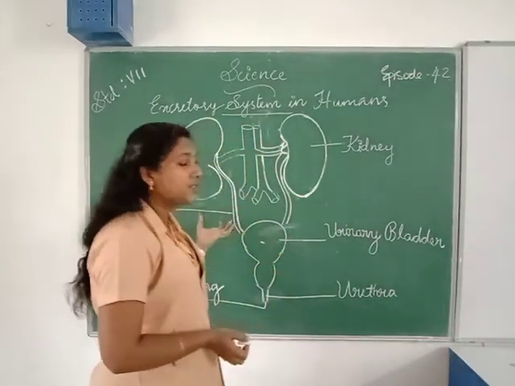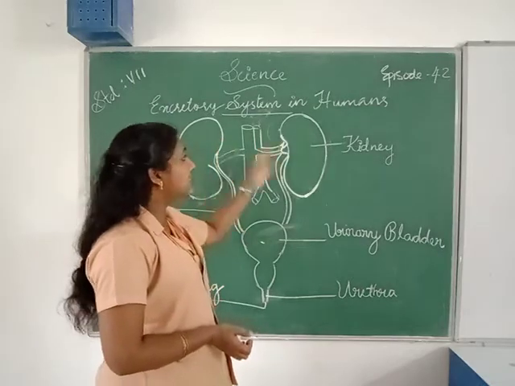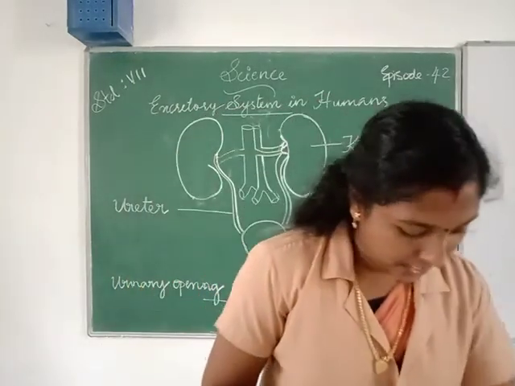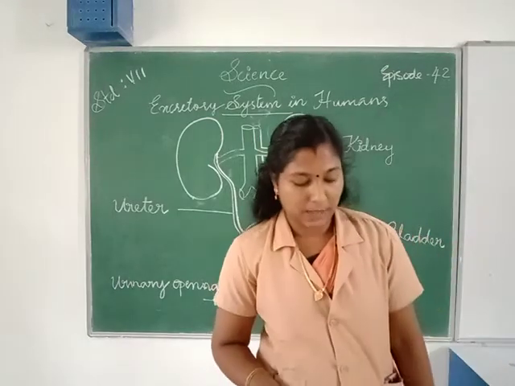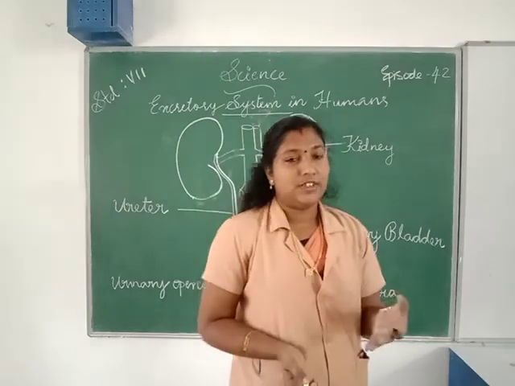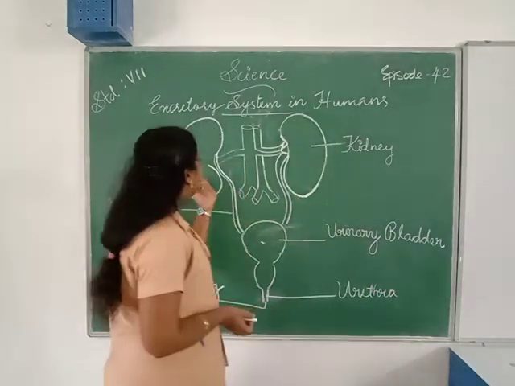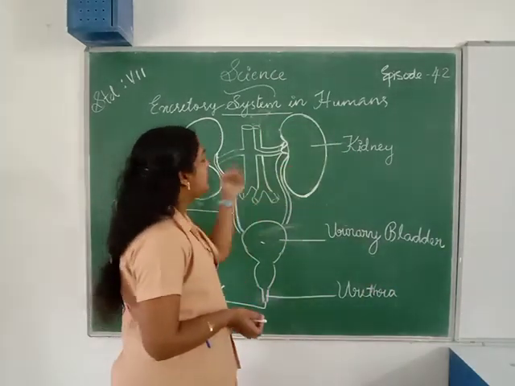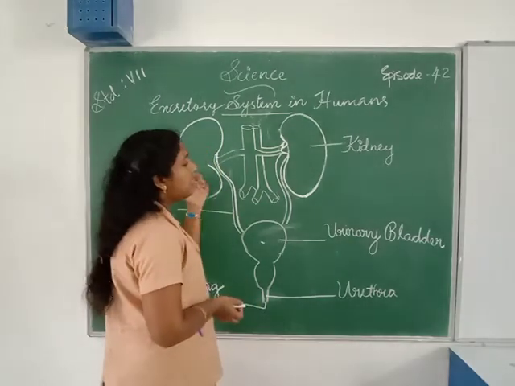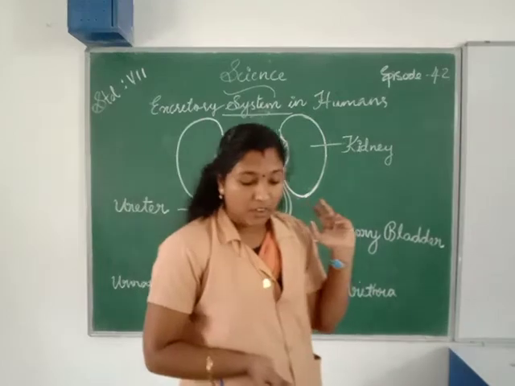First of all, we can see that there are two kidneys in our excretory system. How many kidneys? Yes, two kidneys.